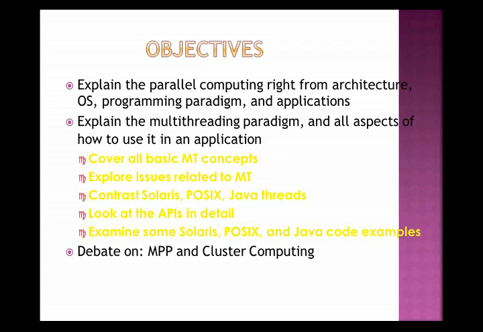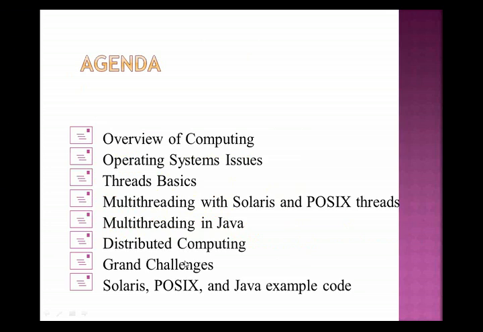The next objective is to explain the multi-threading paradigm and all aspects of how to use it in applications. That covers the MT concepts, issues related to MT, Java threads, POSIX API, Solaris, POSIX. Then a debate on MPP and cluster computing.